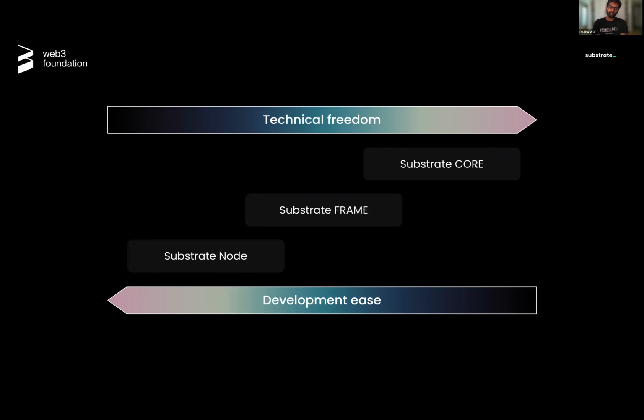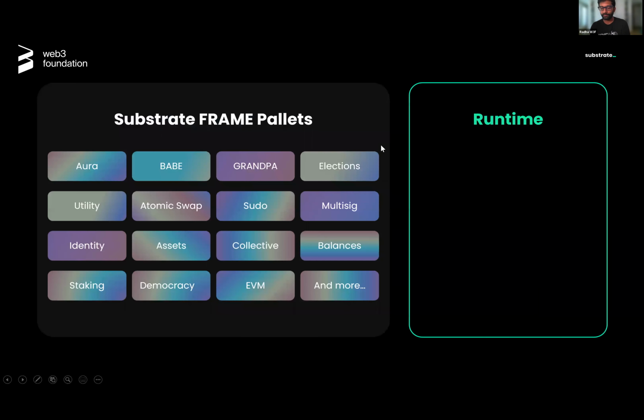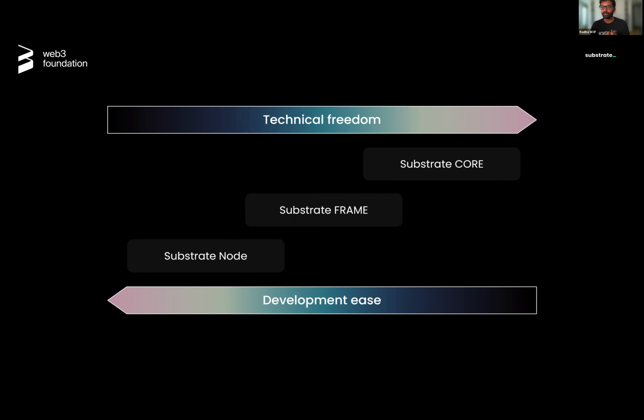Assuming some of you attending this talk are developers, in terms of technical freedom, you can go all the way to the core primitives of Substrate itself. But usually, if you're not familiar with Substrate at all, we introduce it with a template node, a blockchain template node. Once you compile it and run it, it actually starts a blockchain.